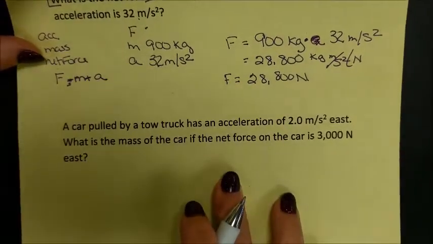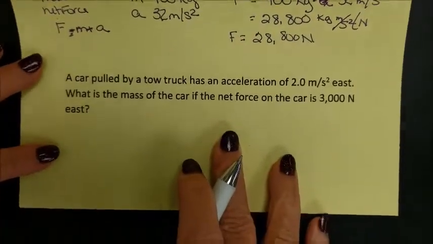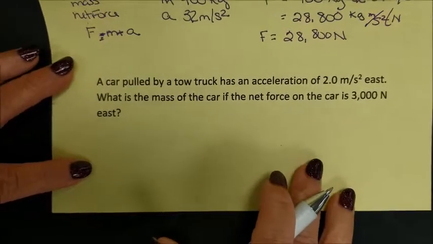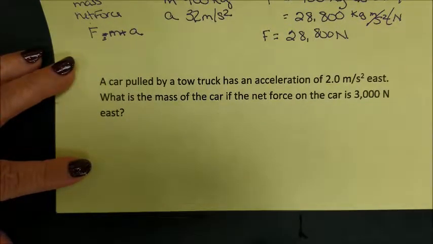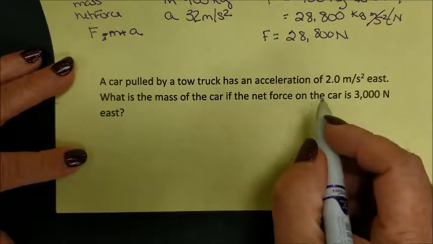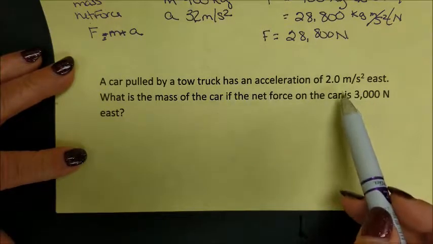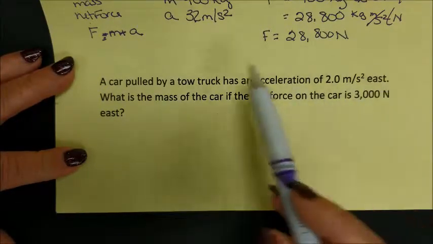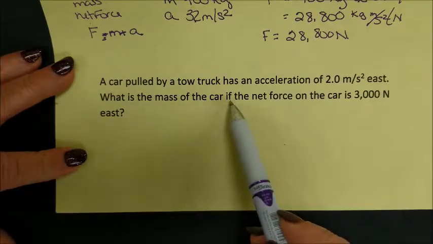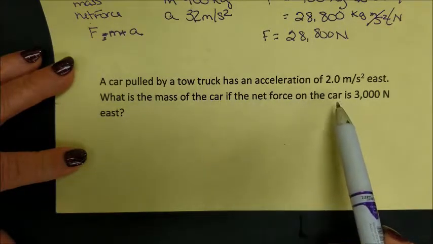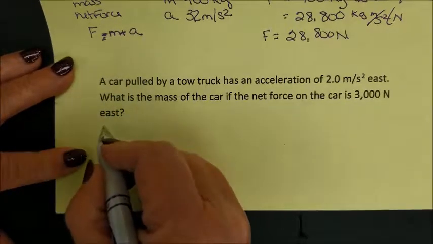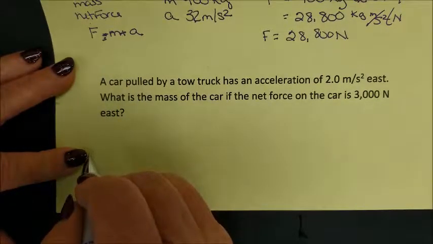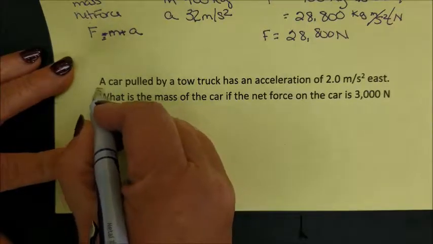Okay, and our next example: a car pulled by a tow truck has an acceleration of 2.0 meters per second squared east. What is the mass of the car if the net force on the car is 3,000 newtons east? So again, what is the mass is our question.